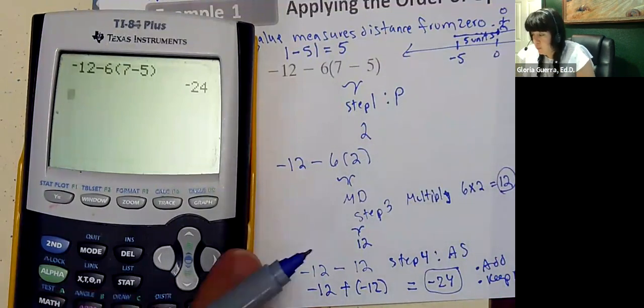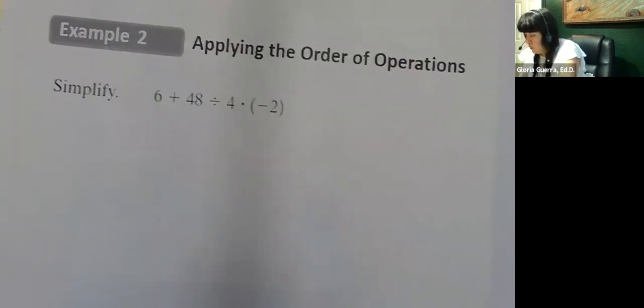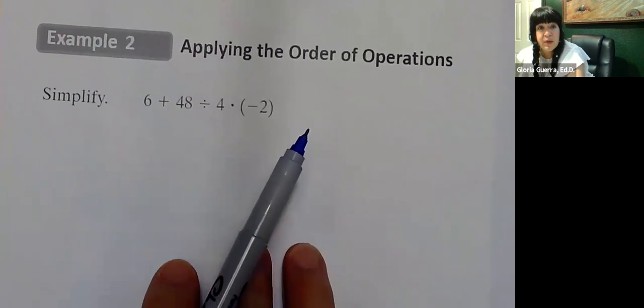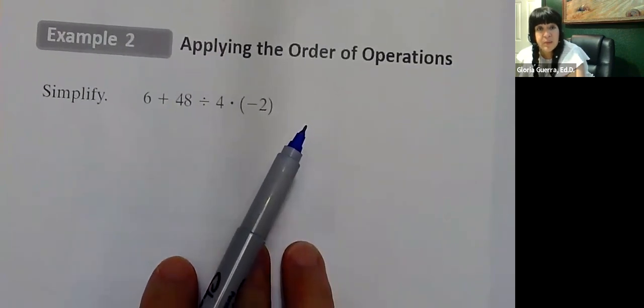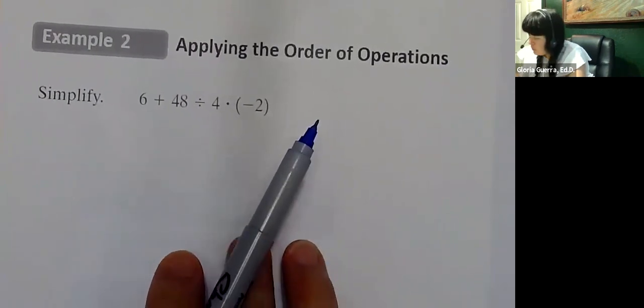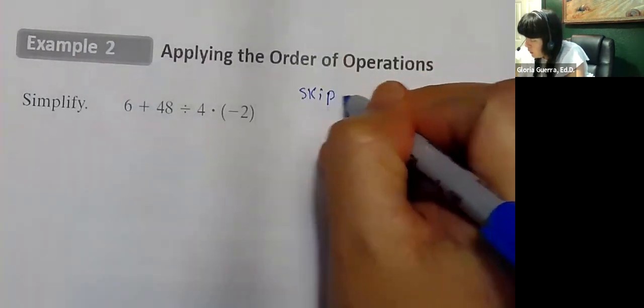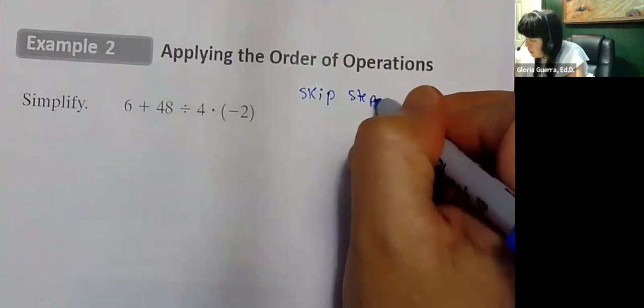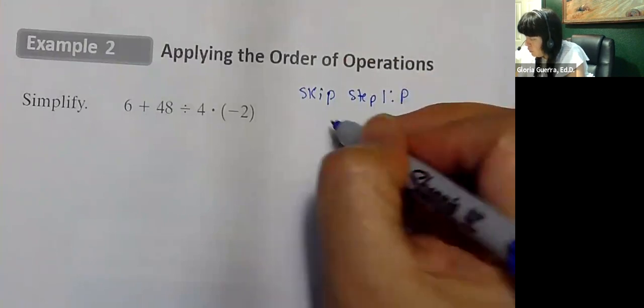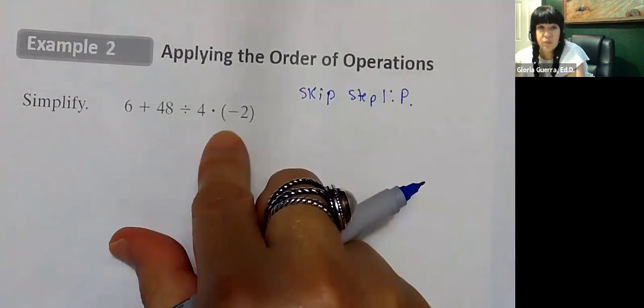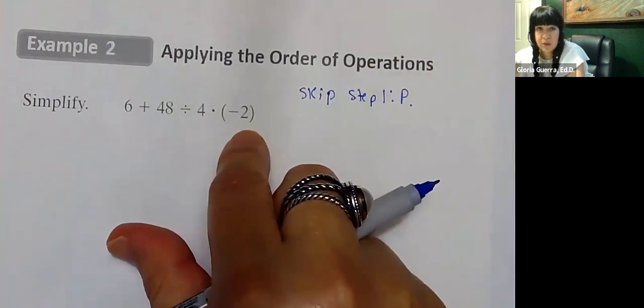Okay, so let's look at the second problem. 6 plus 48 divided by 4 times a negative 2. So notice here that we get to skip step 1, which is the P. This is not a true P. This is not an operation inside parentheses.